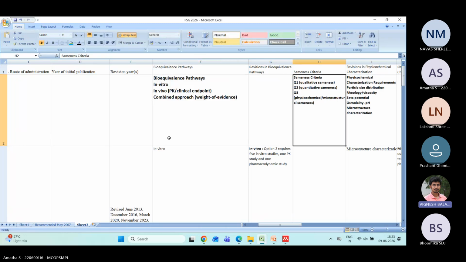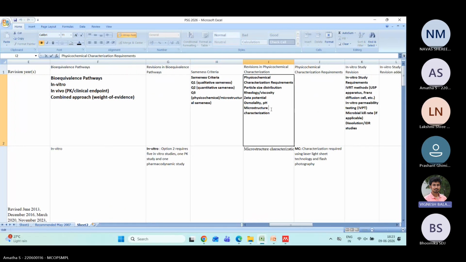Second one, you have seen qualitative testing, quantitative testing, Q3 analysis. All three will come under the sameness criteria as per regulatory. Then next, we already see particle size distribution, rheology testing, zeta potential. All these are individual columns in my main data sheet.